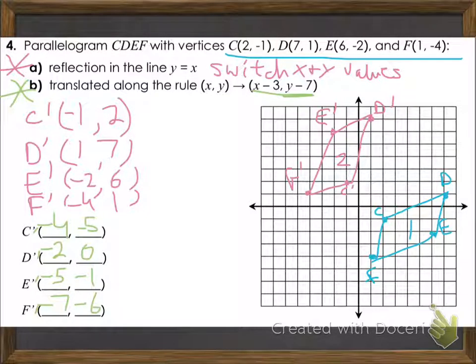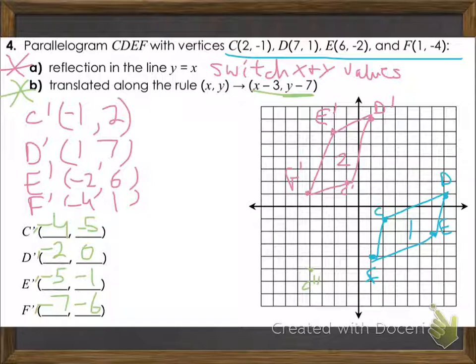So now we need to plot these. For C double prime, I'm at negative 4, negative 5. So we're going to go to the left 4 and then down 5. So right here, that is going to be C double prime. Now for D double prime, we're just going to go to the left 2, and that's it.